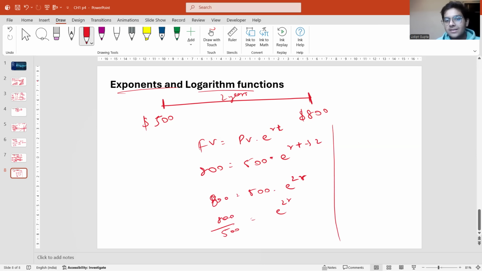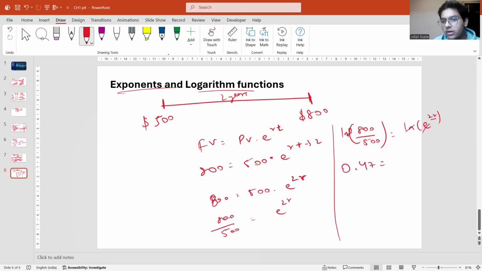Now what do I do? I have to take off the e number. So I'll take log of 800 divided by 500, which is equal to log of e^(2r). Here I'll be left with 0.47, and here log and e cancel each other.